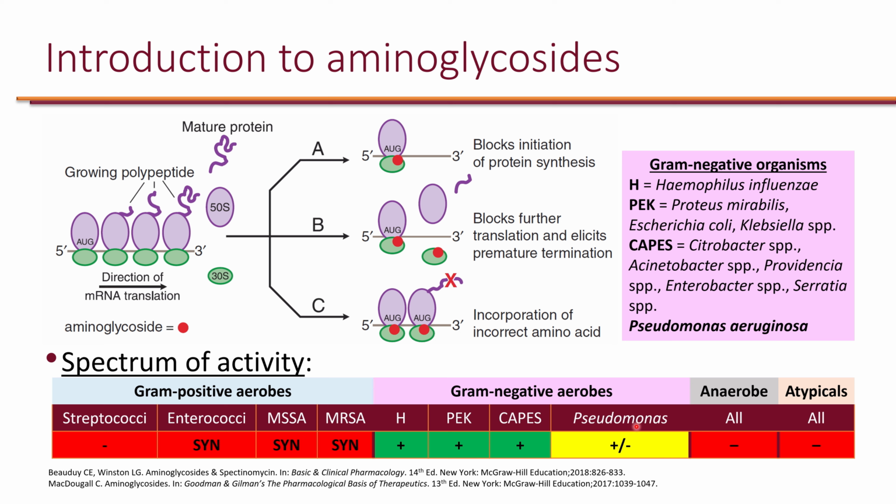Now with Pseudomonas, I have put a plus-minus because really the anti-pseudomonal aminoglycosides are tobramycin and plazomycin, and I'll talk more about the anti-pseudomonal activity of aminoglycosides shortly. And they do not have activity against any anaerobes or atypical bacteria.